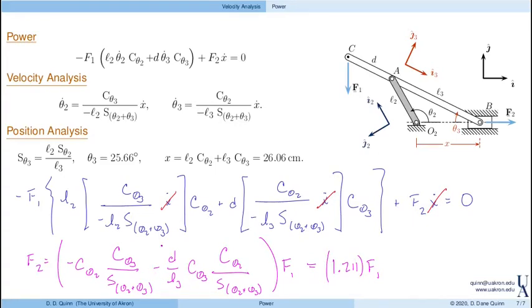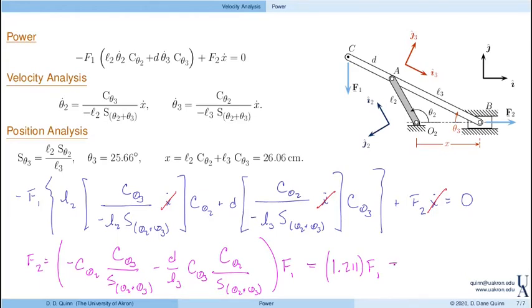I will remind you that if this configuration changes, so theta 2 was 120, if theta 2 became, say, 150 or 90 or anything else, then all of these angles will change. And as a result, the relationship between f1 and f2 will change as well. So f2 is not some constant fraction of f1. That constant of proportionality depends on the configuration of the mechanism.